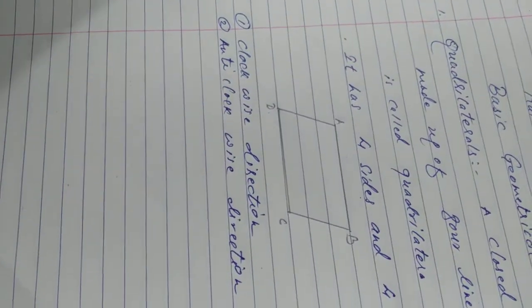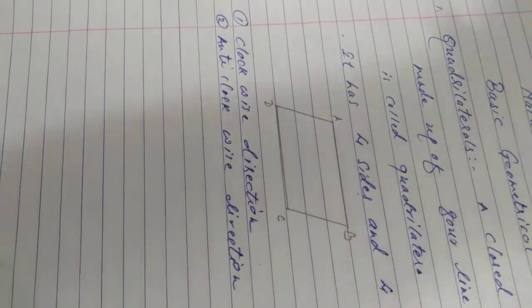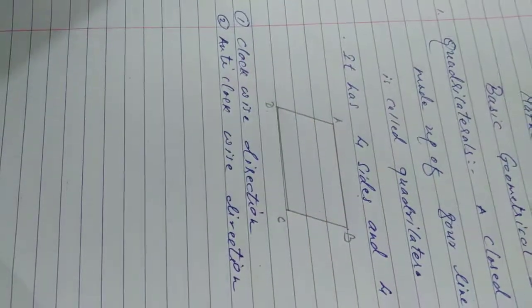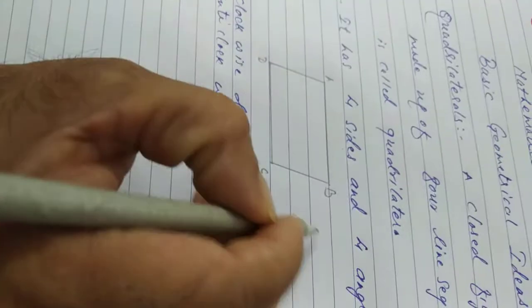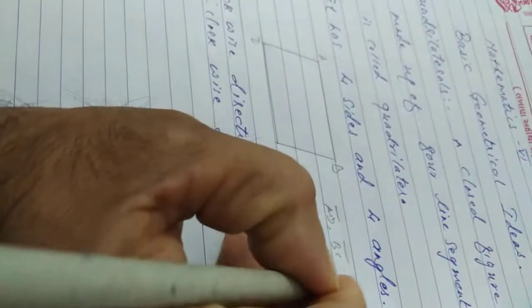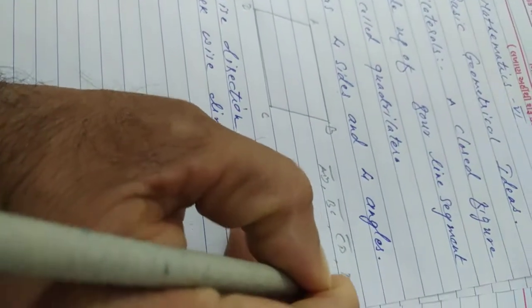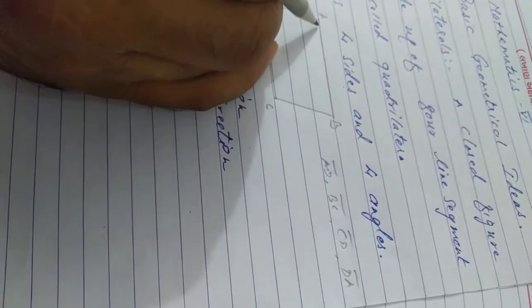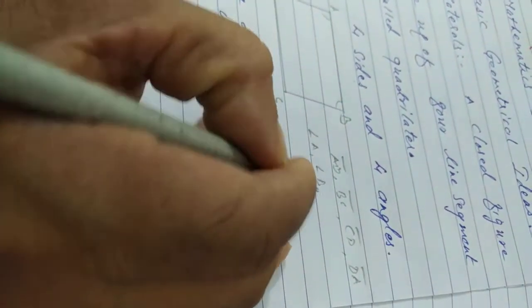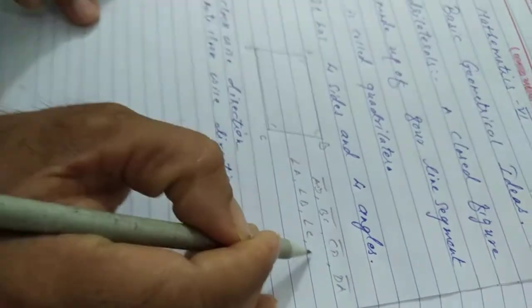It has four sides: AB, BC, CD and line segment DA, right? It has four angles: angle A, angle B, angle C and angle D.